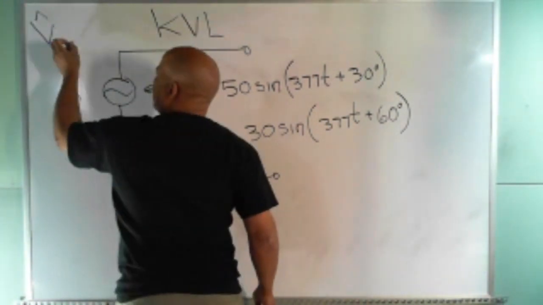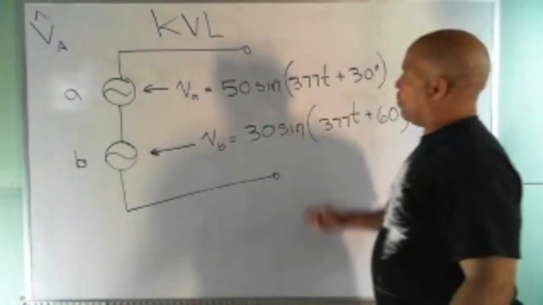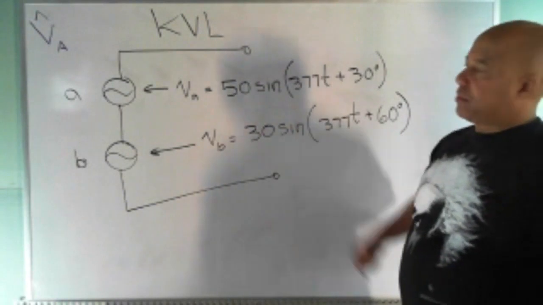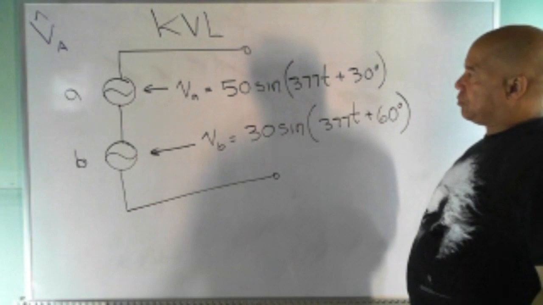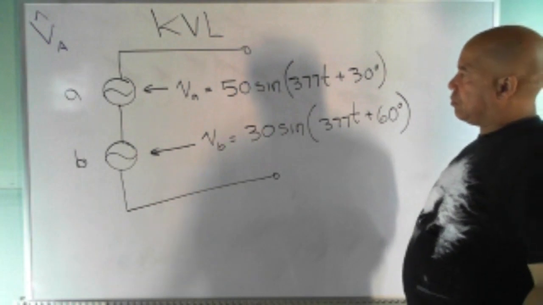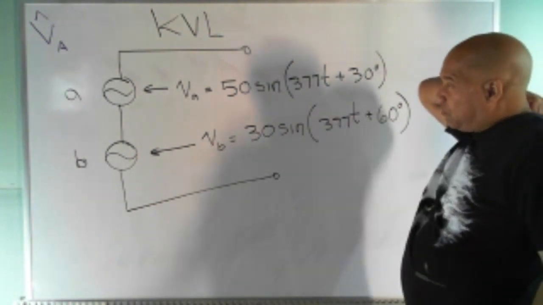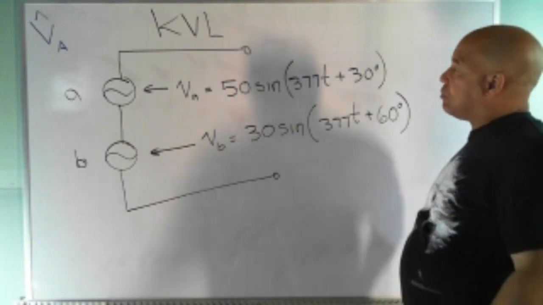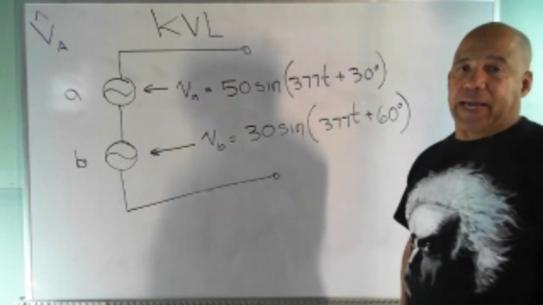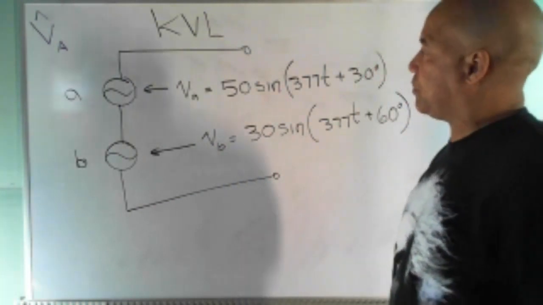Then I need a magnitude and an angle. So what would this look like as a phasor? Anybody? What do I do to go from time domain to phasor domain? What are the steps?